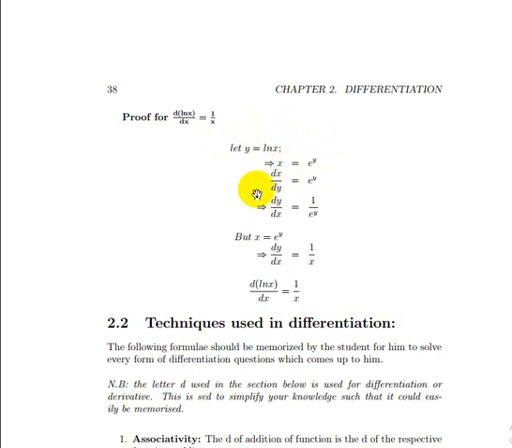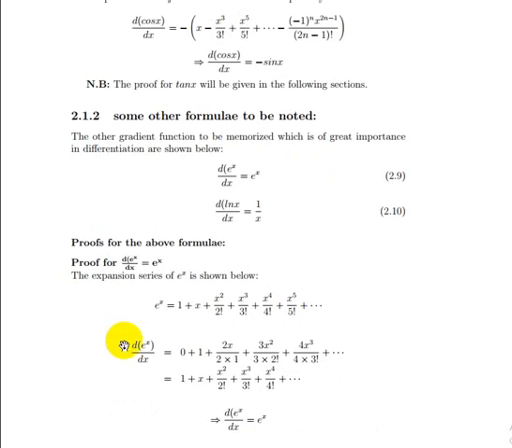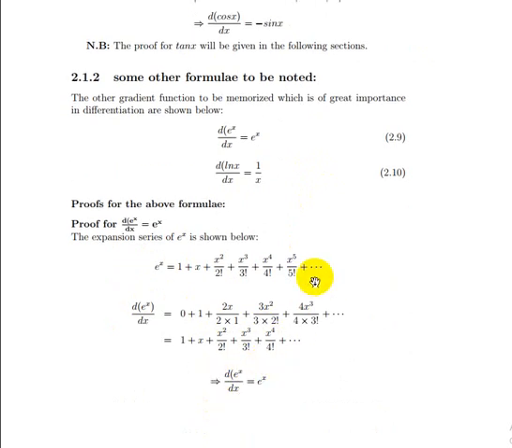Now if I differentiate this with respect to y, you realize that I am going to have still e raised to power y, because we initially proved here that the differentiation of e raised to power x with respect to x gives you e raised to power x. Now if I differentiate this function with respect to y, of e of y, I'm still going to have e of y, and this is similarly what you have here.